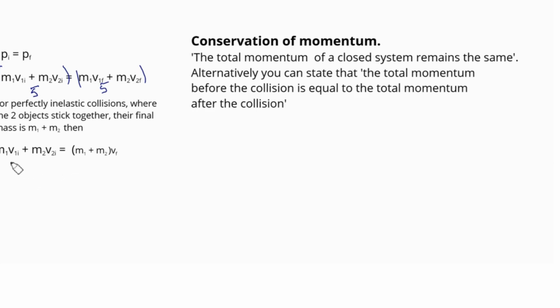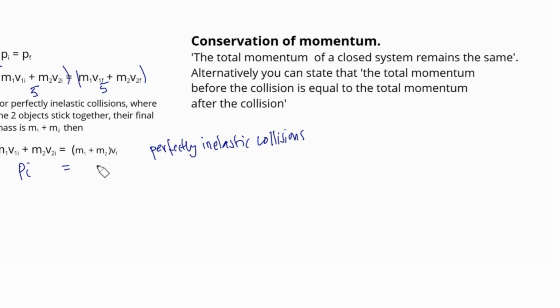So we could rewrite the equation this way for perfectly inelastic collisions. Here is your Pi, your initial momentum, for both of them, which are not stuck together here.